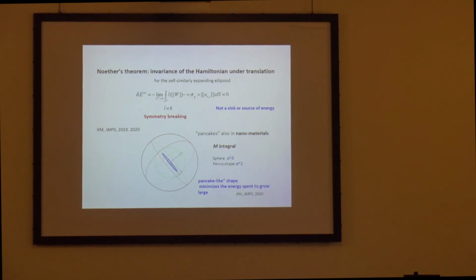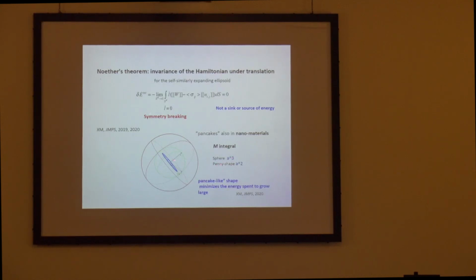So you have a flattened shape. You are going to have, in the limit, L dot go to zero on the flattened surfaces of the ellipsoid. So this is a possibility of symmetry breaking. So if you look at the M integral, which is the expansion under scaling, for the sphere it varies as the radius to the third power.